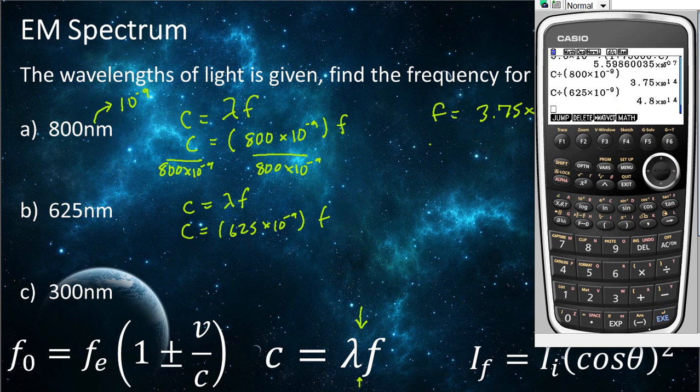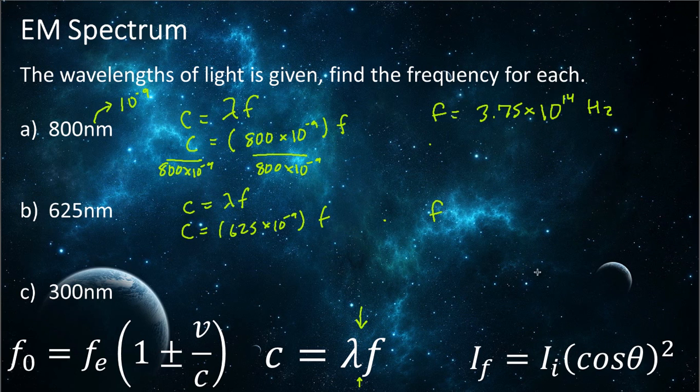Okay, and on that one, 4.8 times 10 to the 14th. And hopefully you get the pattern here. I'm just going to substitute that in, so I don't think there's a need to do the third one.